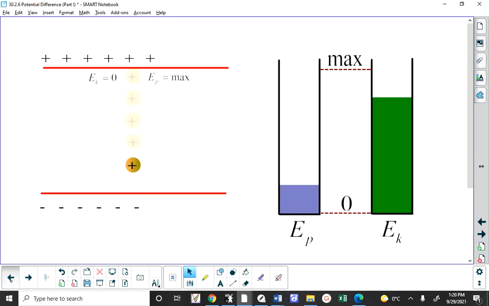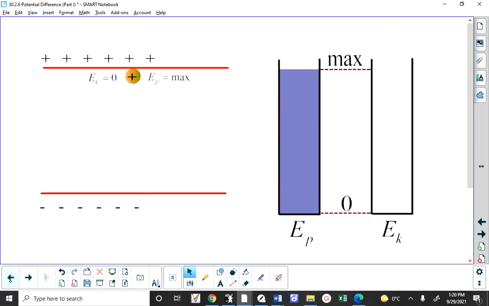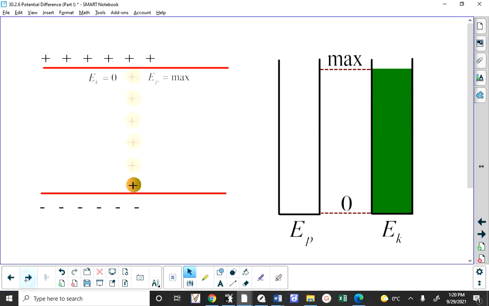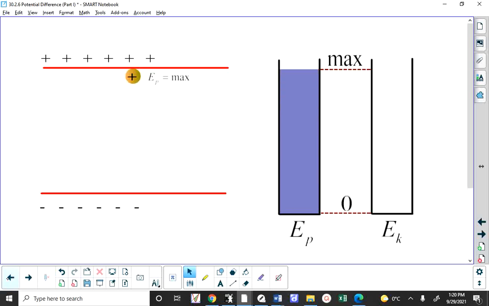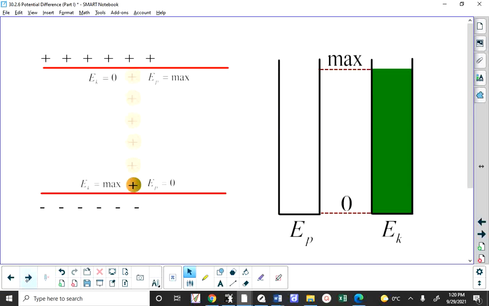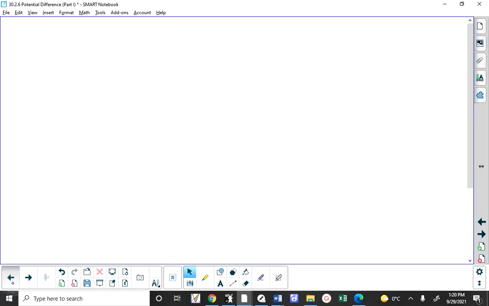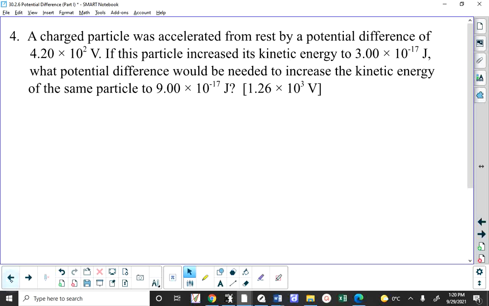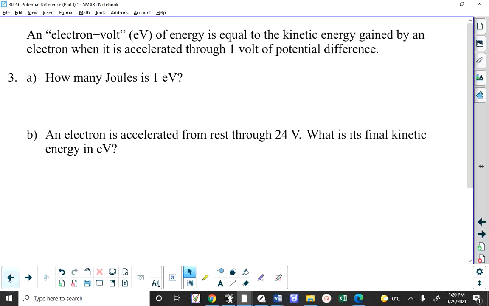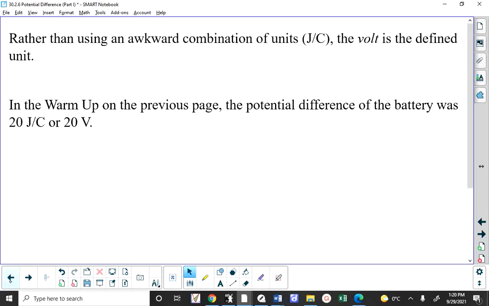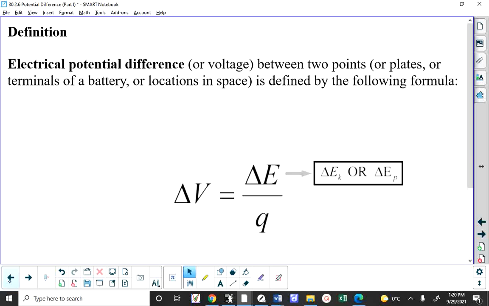Look at how much potential was lost, that blue thing. Look at how much kinetic was gained, that green thing, but they're the same, right? So what I can do in this formula is say delta E is kinetic or potential. It's not both.